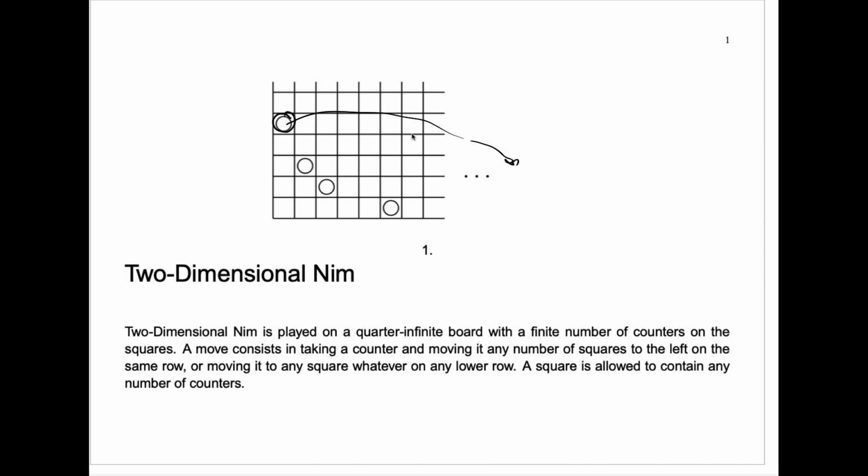And then you can go down and look at the next lowest row that has a counter. Eventually, those will be moved to the left or to some lower row. And we keep going and going until eventually every counter gets down to the lower left square and no more moves are possible. The game will end in a finite number of moves, but there's no bound on how many moves that will take.